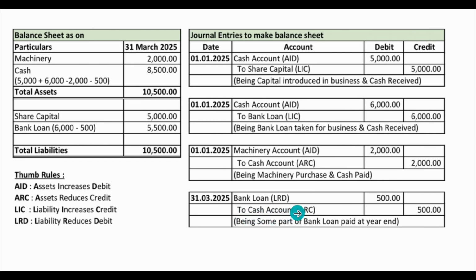So the rule here is ARC, that is asset reduces credit 500. So your asset, that is cash, reduces by 500 and the bank loan also reduces by 500, and your balance sheet tallies. Here we will write the narration: being some part of bank loan paid at year end. Thus, we have correlated journal entries and balance sheet.